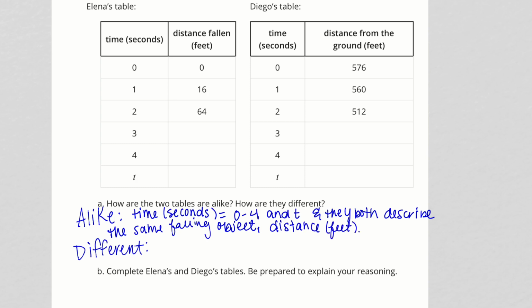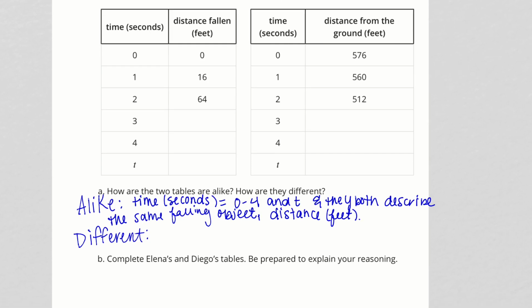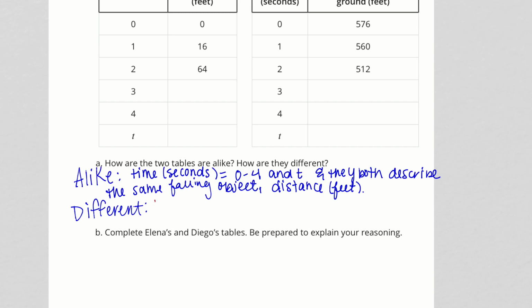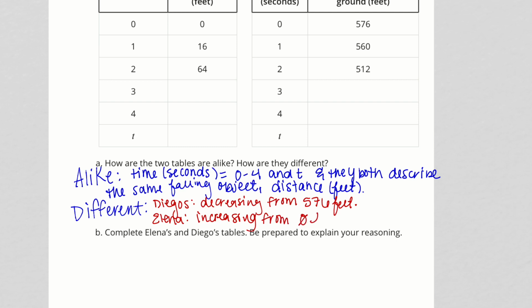What's different here? On Diego's, it's decreasing, and on Alina's, it's increasing. Okay, so Diego's is decreasing from 576 feet. Alina's is increasing from 0 feet. What else is different?